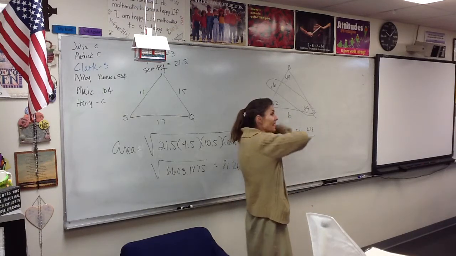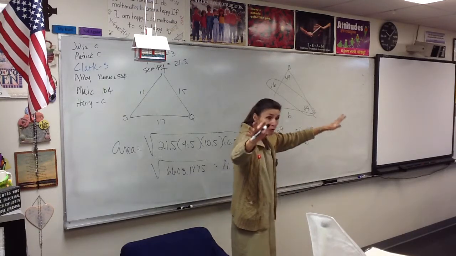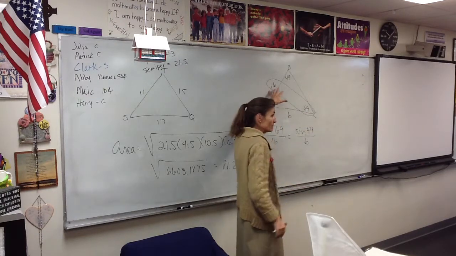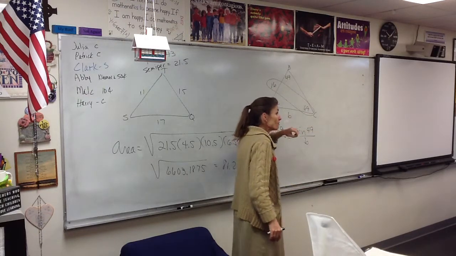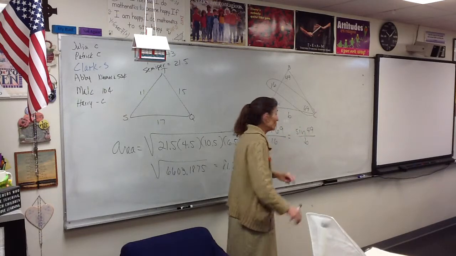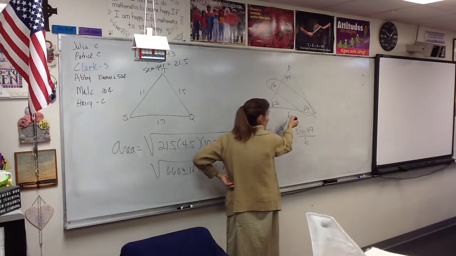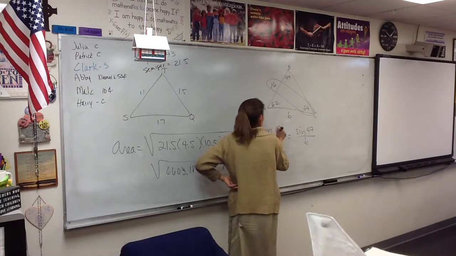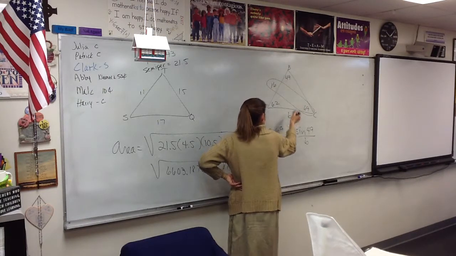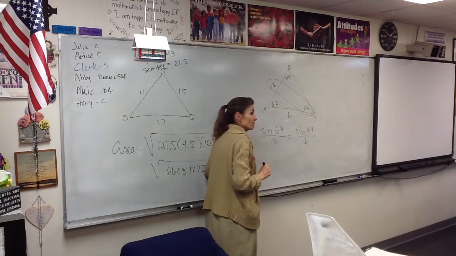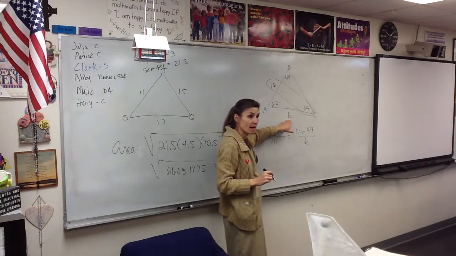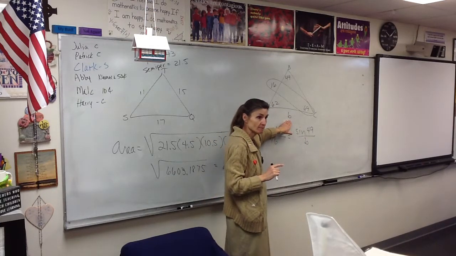Hero's formula is out because you need all three sides and you only have one. The other formula we're close to if we had this side. Because if we had that side, could we do 1/2 times 16 times this times sine 62? Yeah. So we need to find that side in order to find the area.